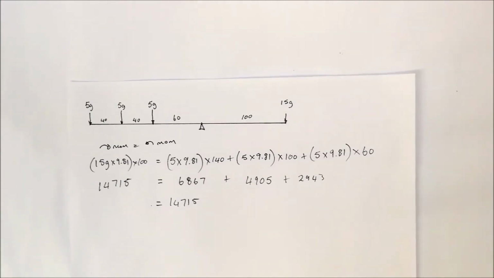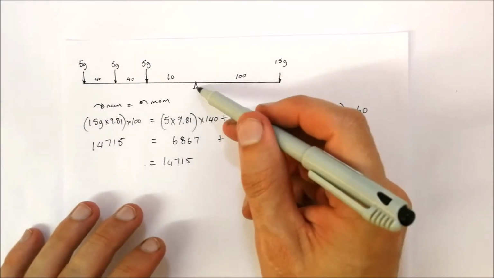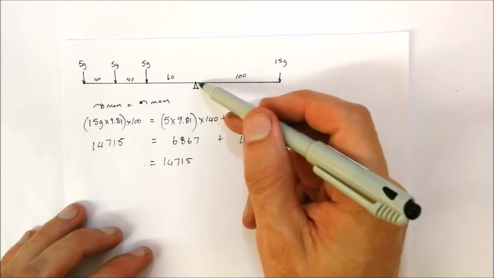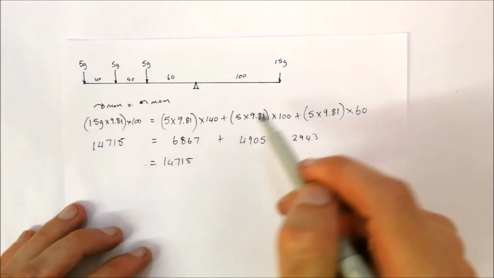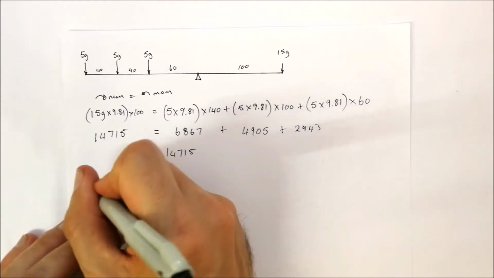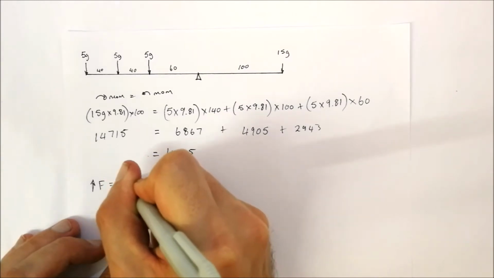Something to be aware of that we need to take into account: what is the force acting on this specific pivot point? It's a single pivot point, so whenever you've got a single pivot point, upward forces are equal to downward forces.